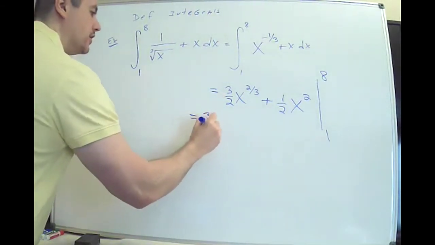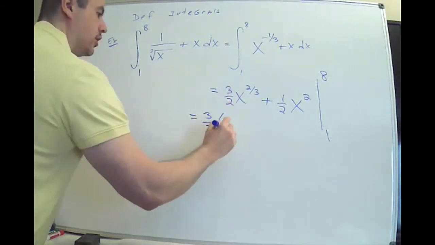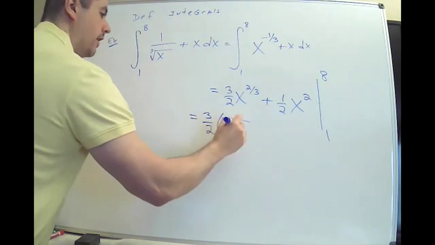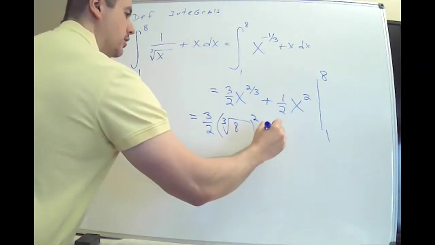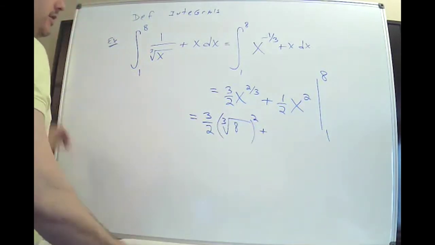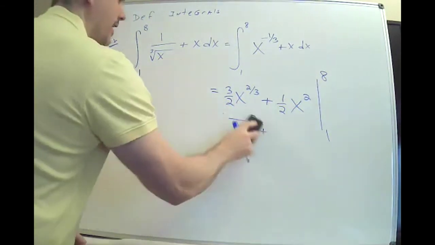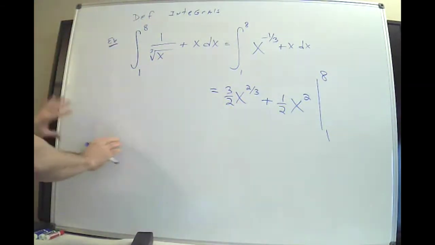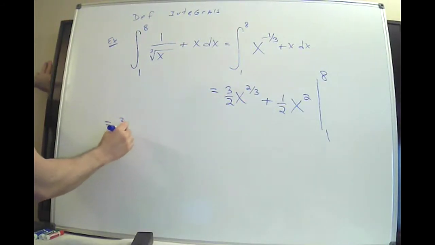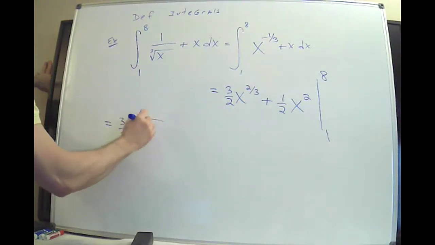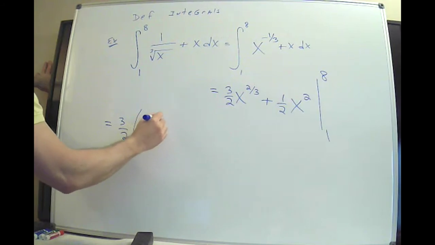So I'm going to have 3 over 2. I'm going to take the cube root of 8 and square that. Then I'm not going to have enough room to do this. I got to write it again. I'm going to start all the way over here. There's no way I'm going to fit it there. So let's try this again. 3 over 2, cube root 8, because I'm writing it really big.